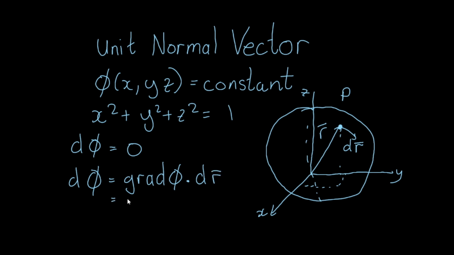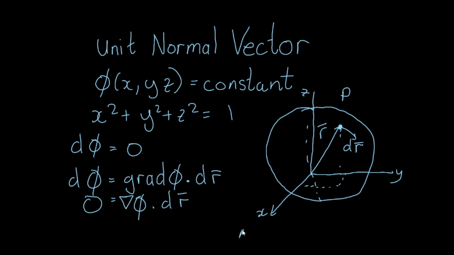So this can be written as the gradient vector, the del operator of that function, dotted with the differential change of the vector dr. And since this differential change in the function is equal to 0, this must equal 0 as well.